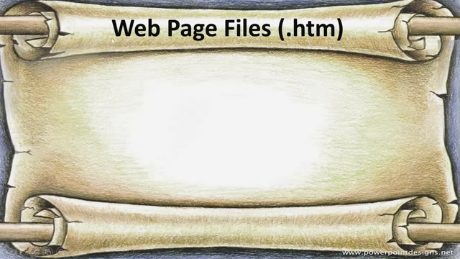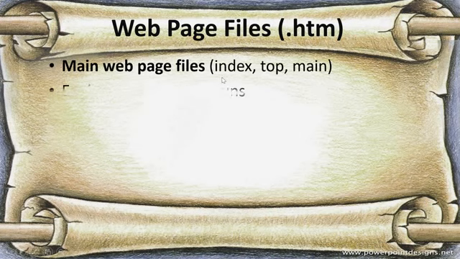The web page files which will be integrated consist of an index file, top page, and main page. This is to display how the material and the exercises are displayed in the web.